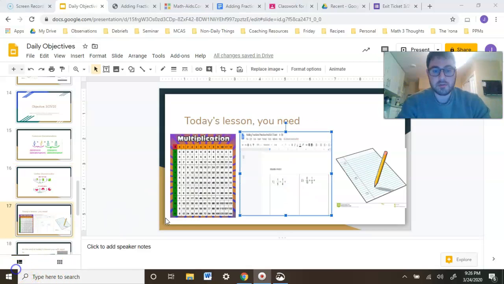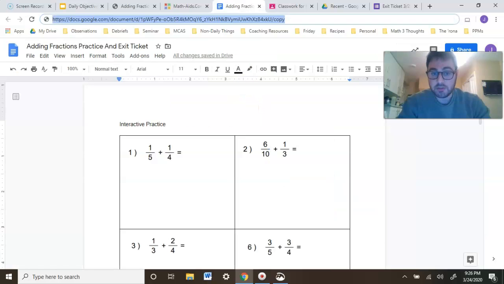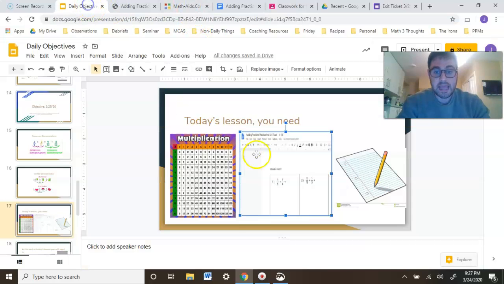Okay. All right. So today in our lesson, ustedes van a necesitar your multiplication chart, the document, which everyone's going to have a copy of, added right here, and pencil and paper. Take a moment, get all of those now.